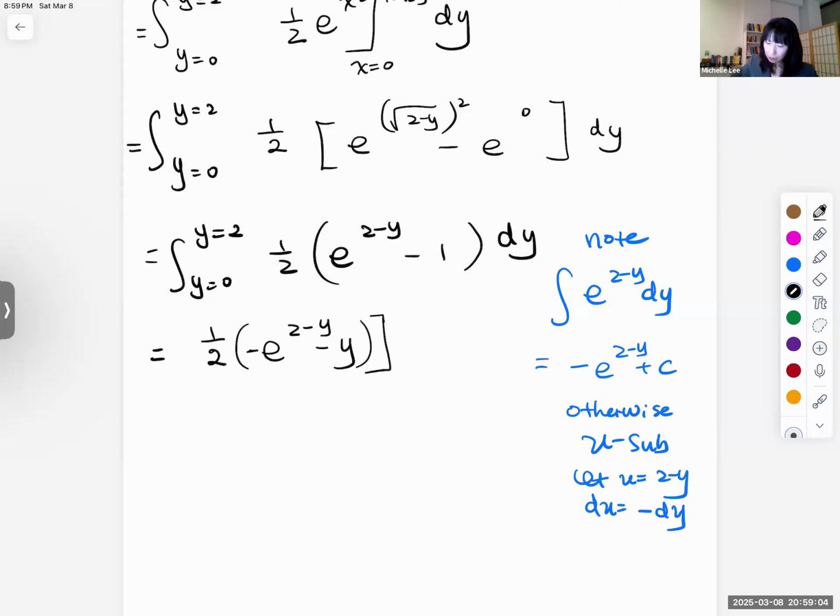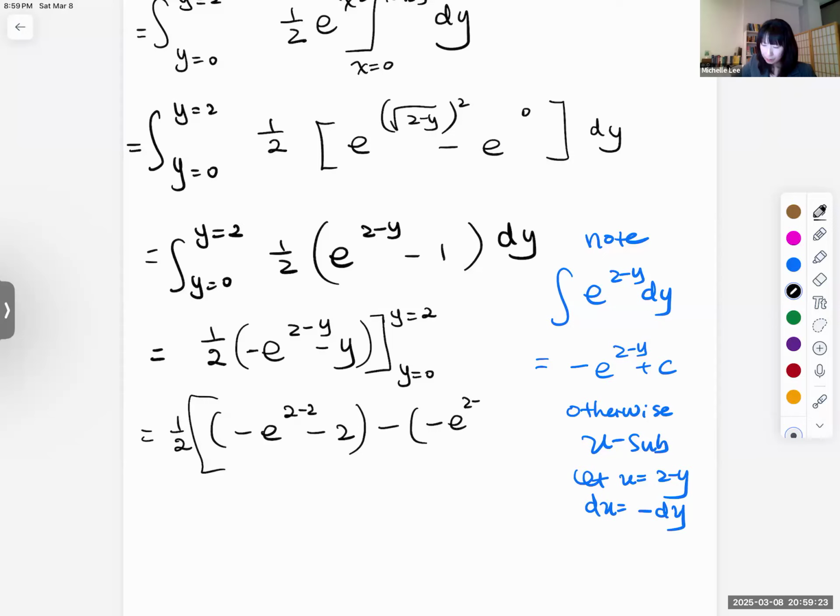And then we want to evaluate from 0 to 2. Okay, so there will be 1/2 times negative e to the 2 minus 2, minus 2, minus negative e to the 2 minus 0, minus 0.